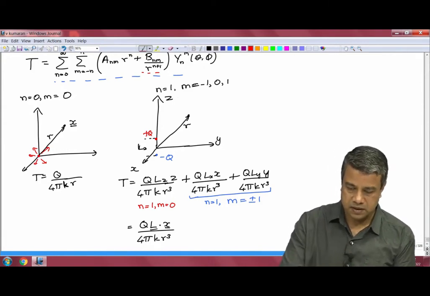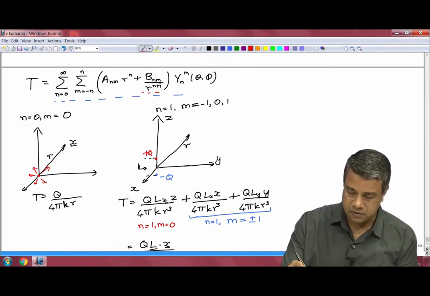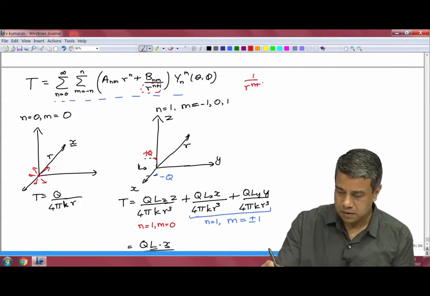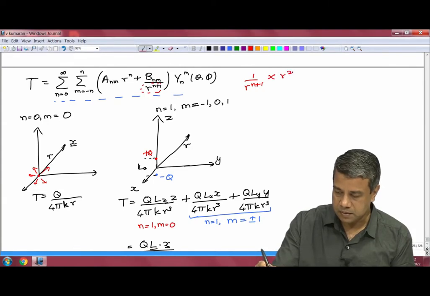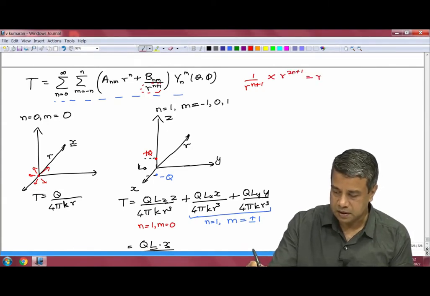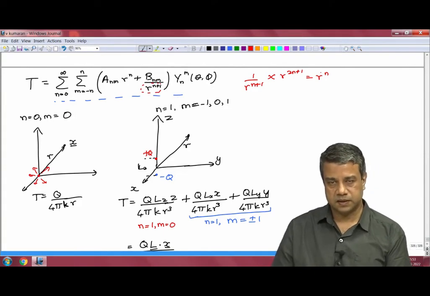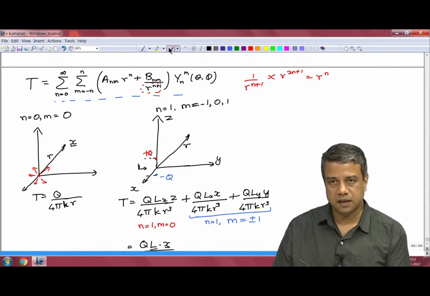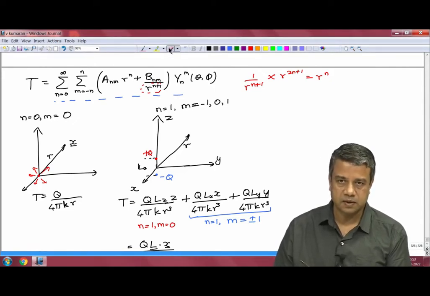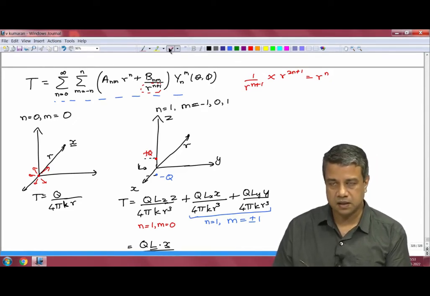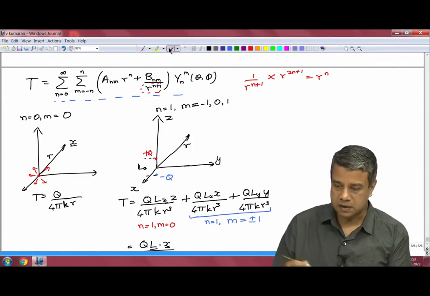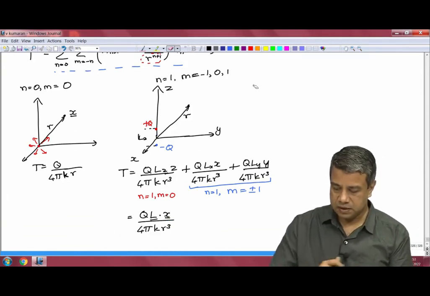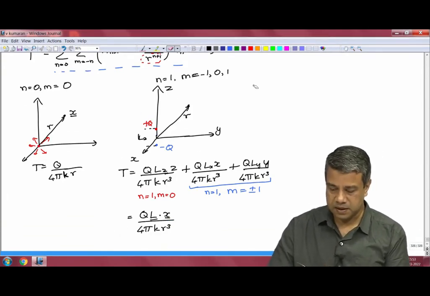Note that if I take 1 over r power n plus 1 and multiply by r power 2n plus 1, I will get r power n, which is the first term. So, I get the growing harmonic by just multiplying the decaying harmonic by r power 2n plus 1. In this particular case n is 1, therefore r power 2n plus 1 is r cubed, and I will get the growing harmonic by multiplying by r cubed.